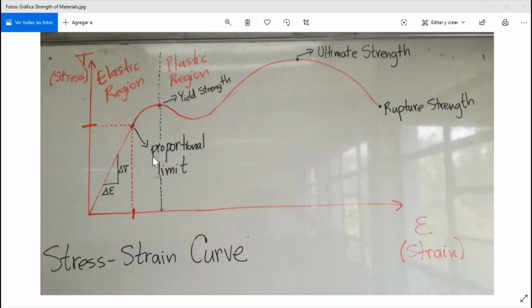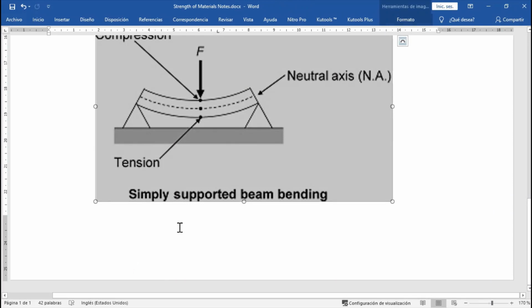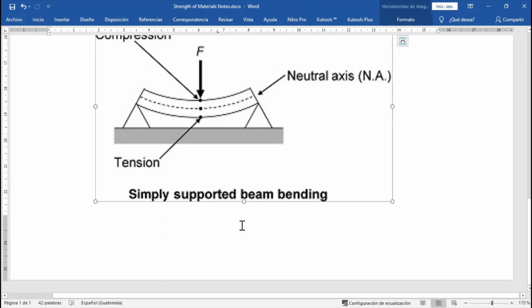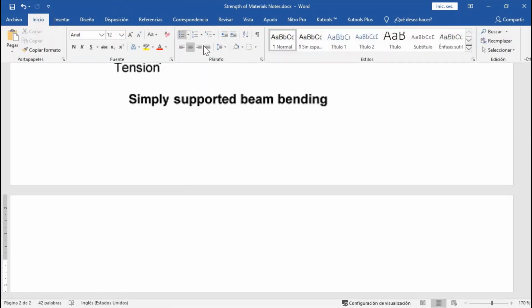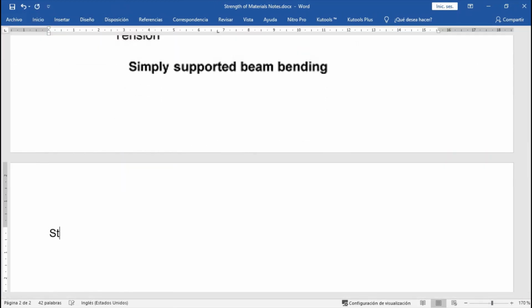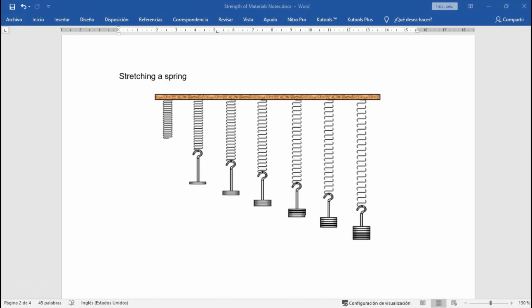Let's suppose that we are stretching a material. Imagine that you are stretching a spring, okay? This is the logic that we are going to use right now.